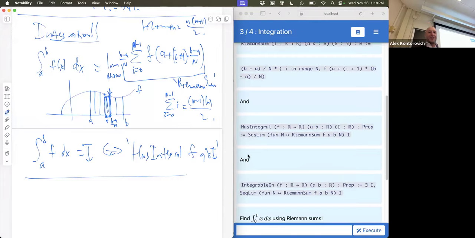And one more definition: a function is integrable on an interval a b if there exists an I so that the sequence of Riemann sums converges to I.